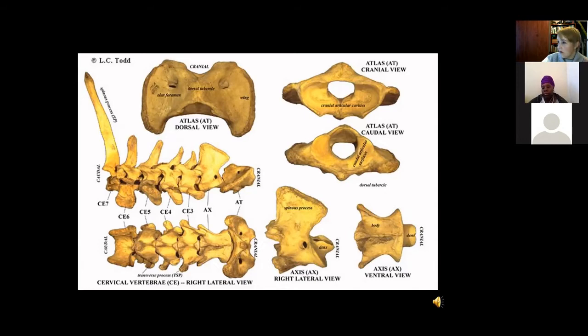Dens is the Latin for tooth. This dens feeds into that hole in the atlas. On the caudal view, you can see it clearly, and that forms the brainstem, which forms the brain. These two, once again, are the only two species-level identifiable vertebrae that we have in the body.